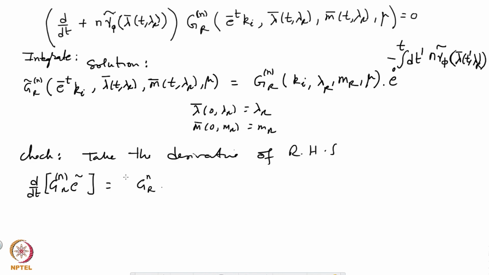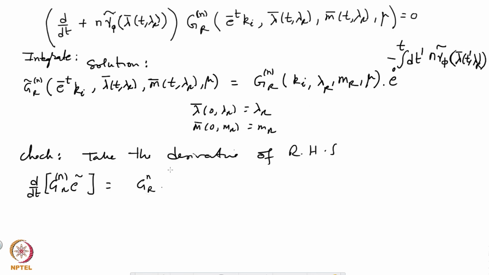So d over dt acting on this is G N R times derivative acting on the exponential. So derivative acting on the exponential is the derivative of the exponent times the exponential. So what's the derivative of the exponent? Right now the integrand is minus n gamma tilde phi, and I should put t instead of t prime.